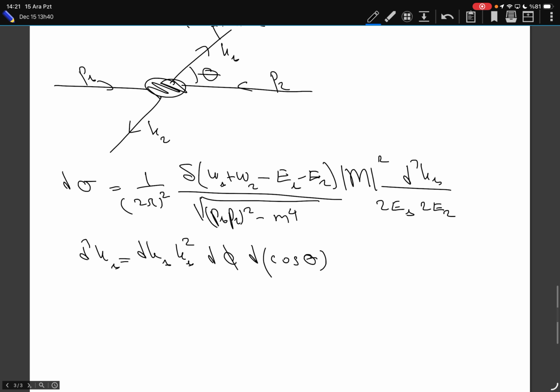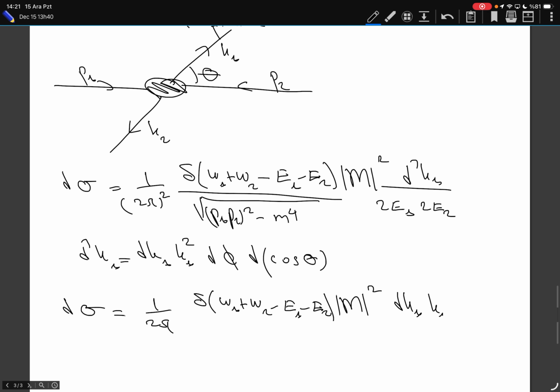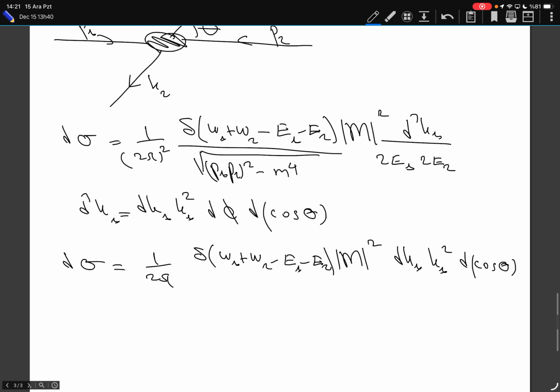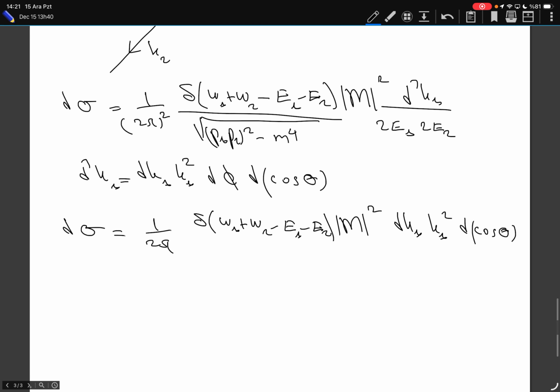integrate over φ. So what it will give me is 1 over 2π Dirac delta ω1 + ω2 − E1 − E2, |M|² dk1 k1² d cosθ. Now, what else do I know?